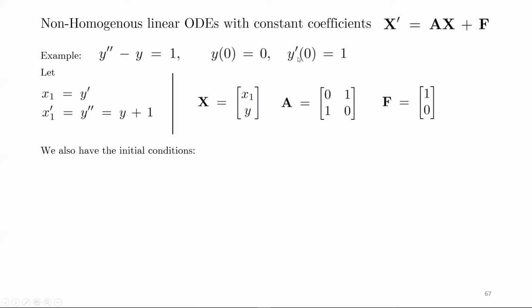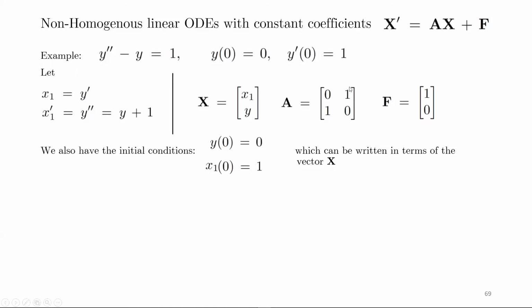So really what this is saying is when t equals 0, y prime equals 1, or when t equals 0, x1 equals 1. So I can write my initial conditions as, when t equals 0, y equals 0, as before. When t equals 0, x1 equals 1. So there we go, I fixed that. Oh, and I did it on that one too, so let me fix that one too.